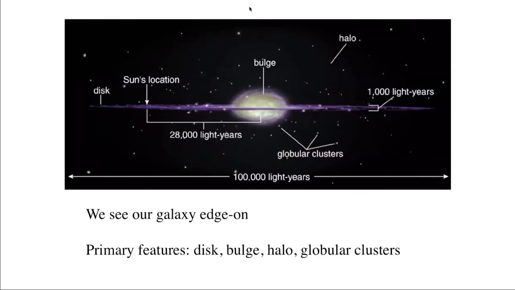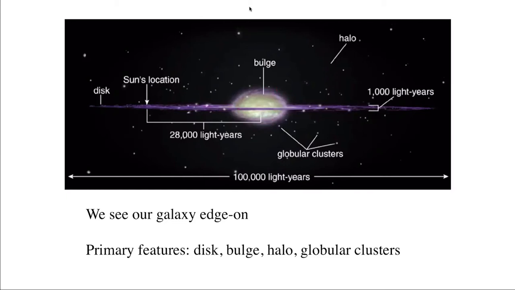Again, we're seeing this edge on. So you've got this very thin disk, 1,000 light years or so in diameter. You've got the sun's location here, about 2/3 of the way out in that disk. Within there, you've got a bulge in the middle where things are moving in different directions and slightly different kinematically, and certainly extending up above and below the disk of the galaxy itself.